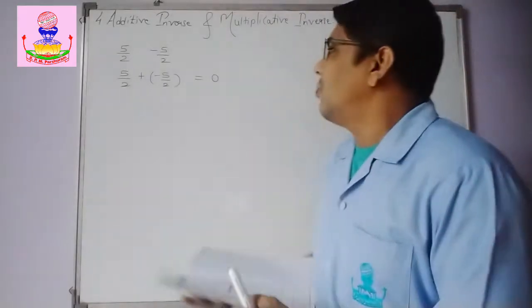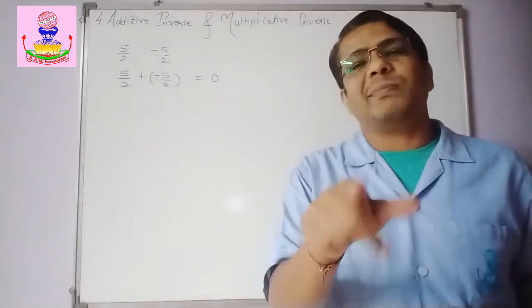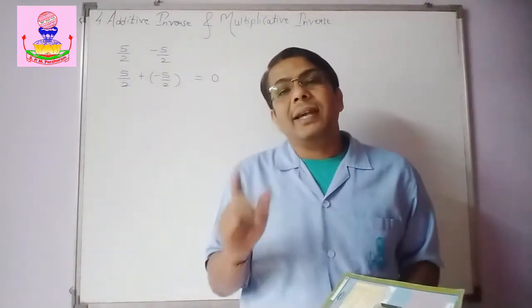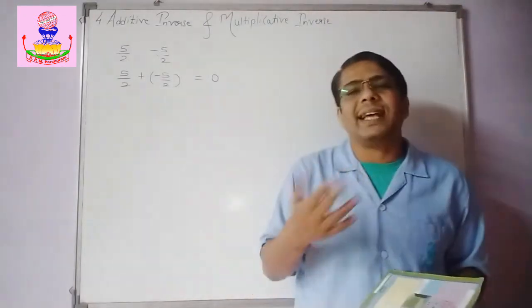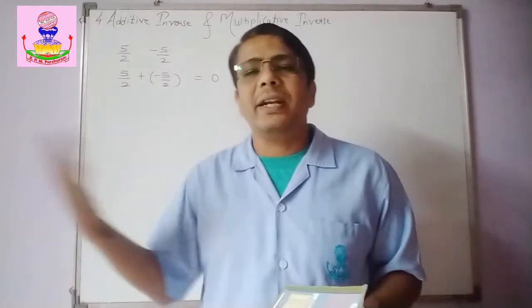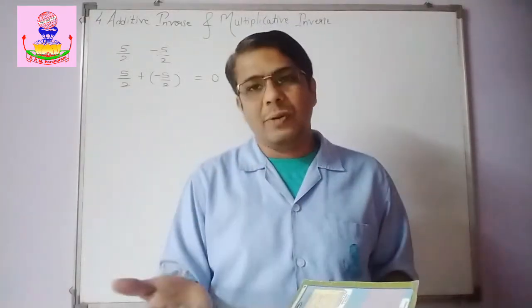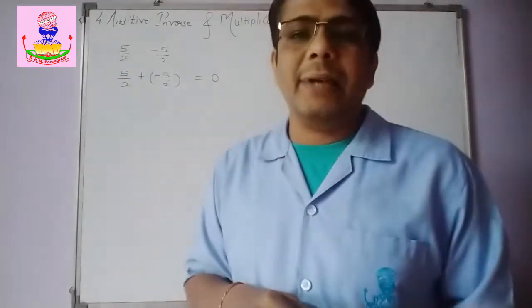Okay, so additive inverse of 5 upon 2 is, yes, minus 5 upon 2. Additive inverse of minus 9 upon 7 is, yes, 9 upon 7. Exactly, 9 upon 7 is the additive inverse of minus 9 upon 7, and so on. So this already we have discussed in first topic, that is rational numbers.